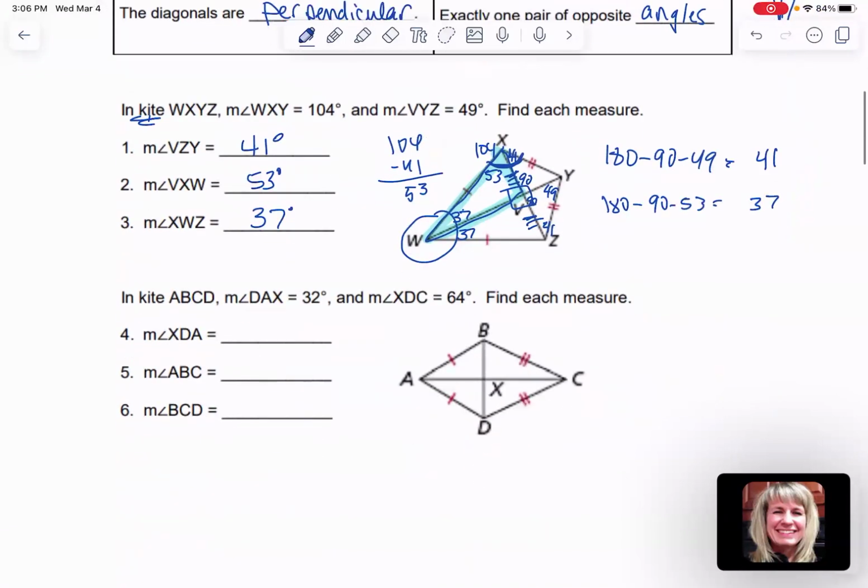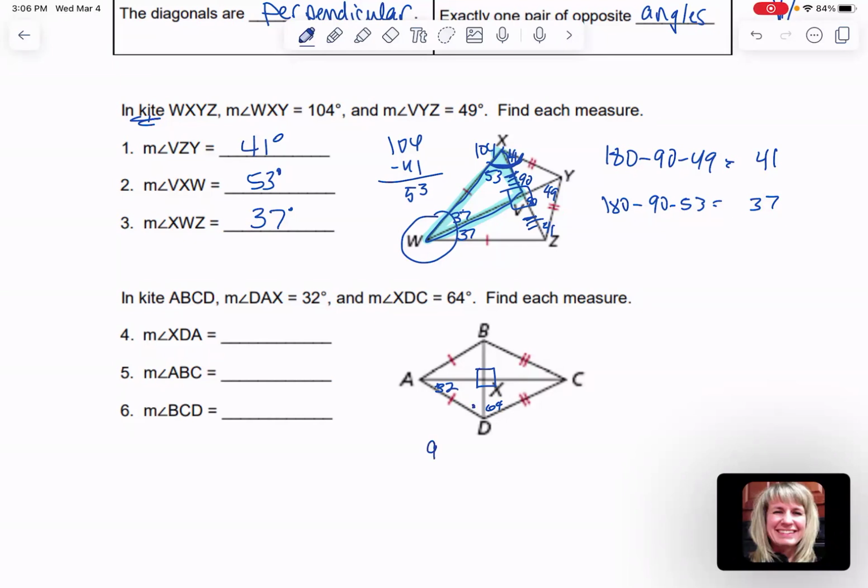All right. In kite ABCD, angle DAX, which is this angle right here, is 32. Angle XDC, which is this angle right here, is 64. And it wants me to find the other measurement. So again, that's a right angle right there in the middle. So XDA would be this angle right here.